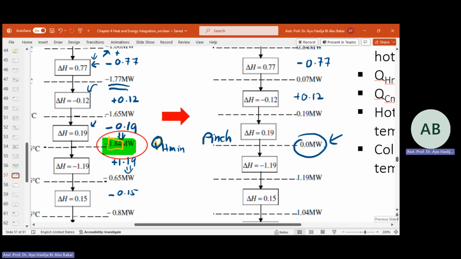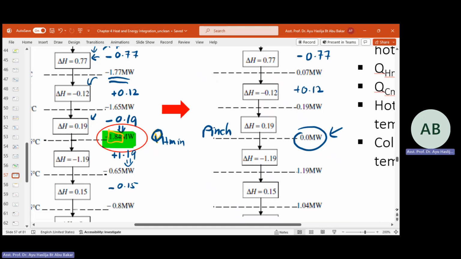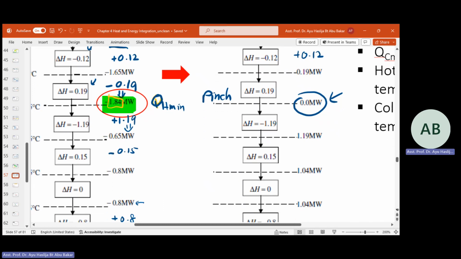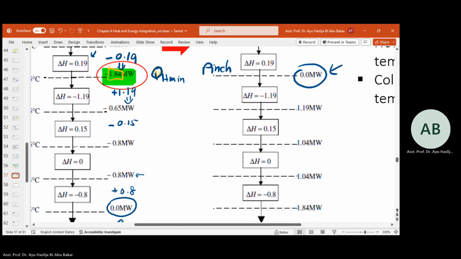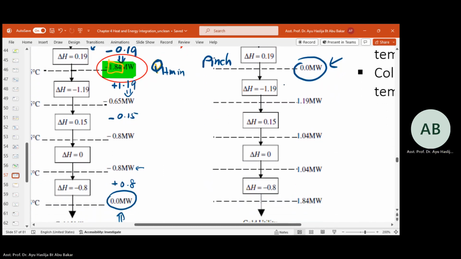Now, once you get 0, that is your pinch point. Moving downward until we finish the boxes. Here means gain, then supply. Here 0, no changes. Here you gain 0.8.